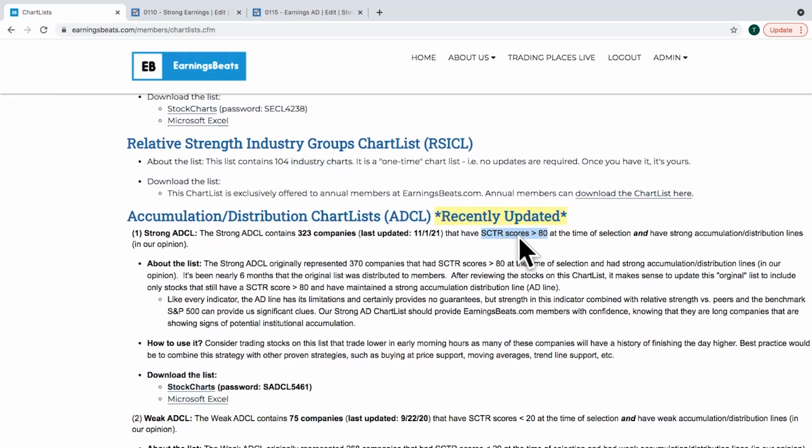So this is another component, a relative strength component that you need to achieve in addition to the technical AD line and what that's been doing. So we want an AD line that's rising and we want high relative strength. That's what goes on this chart list.